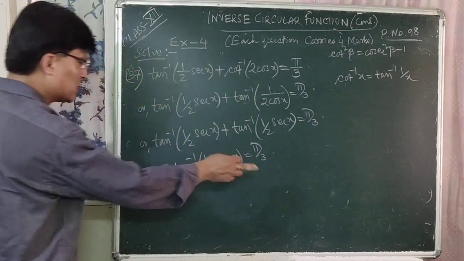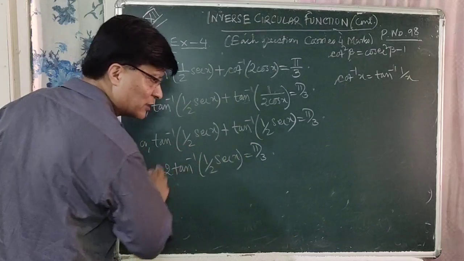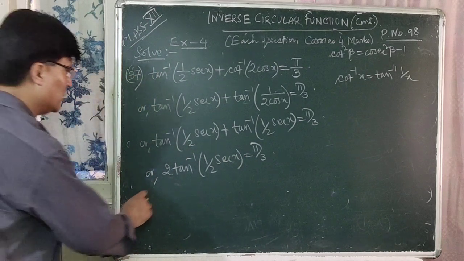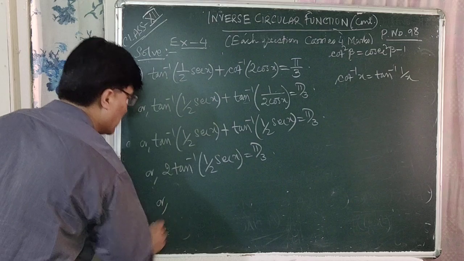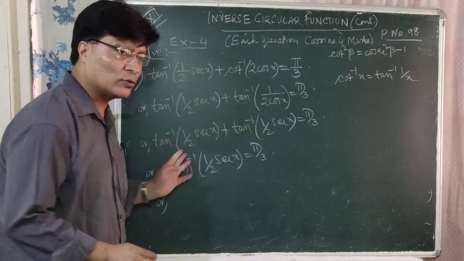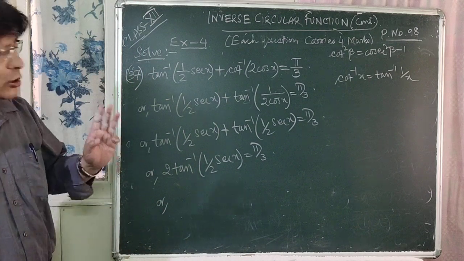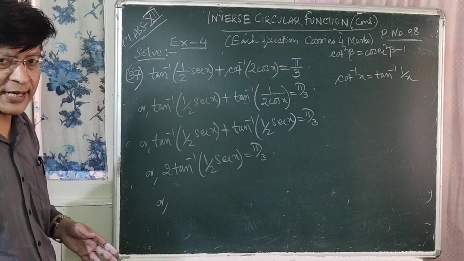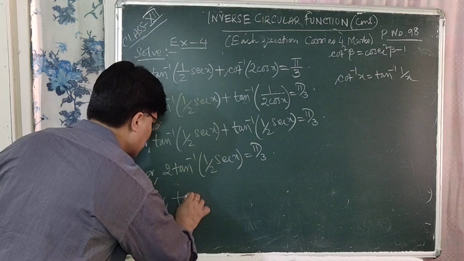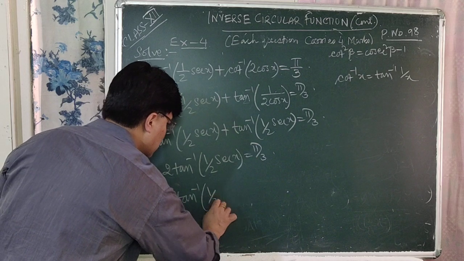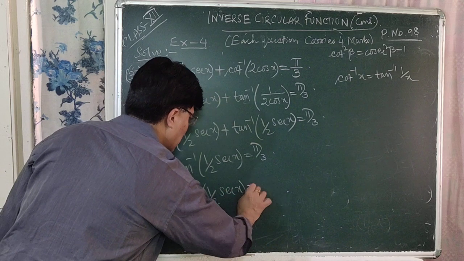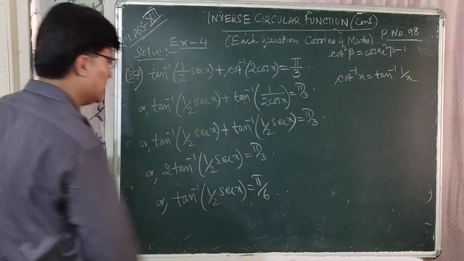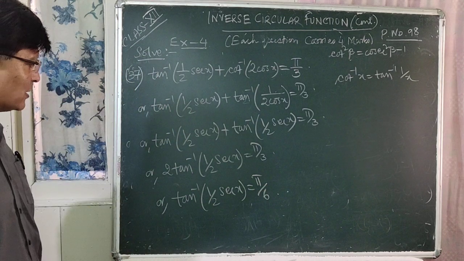Now take this constant term to the right hand side, it goes to the denominator because it is a multiplication sign. So this is tan inverse half sec x is equal to pi by 6. 2 3s are 6, isn't it?